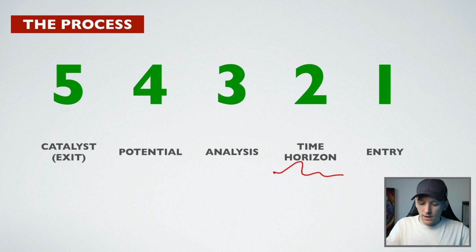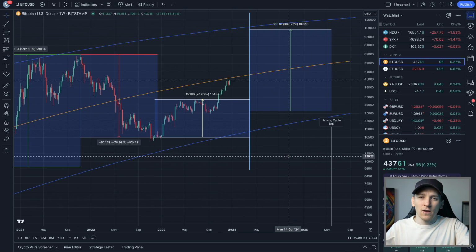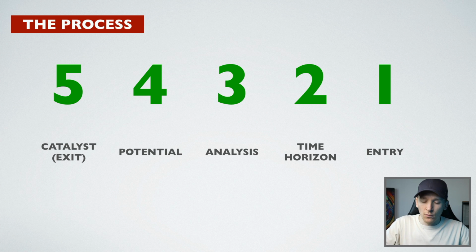Then we look at the time horizon for the trade, right? So entry to exit, how long is that going to be? How long is our money going to get tied up? Then we actually go into the specifics, looking at some technical analysis, looking at our entries, looking at where we place stop losses if we want them, how much risk that we're taking. So this is the process that we're going to go through.